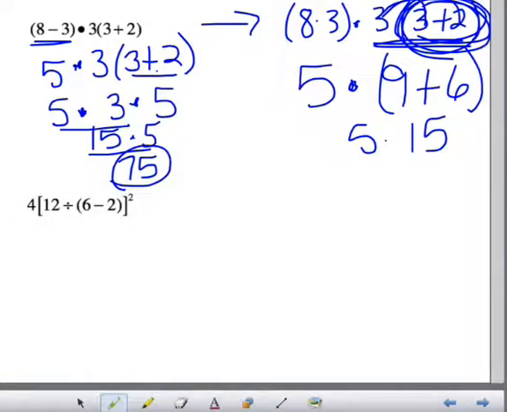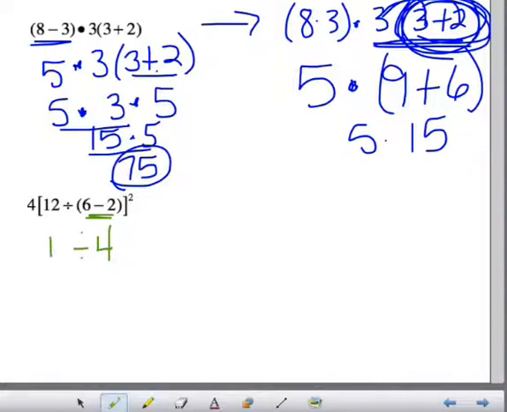All right, on this one, I've got a lot going on here. All right, if I follow my order of operations, parentheses, wow, I have brackets and I have parentheses. What do I do when I have more than one set of parentheses? You're going to go to the ones that are most inside first. So most inside, I've got 6 minus 2. And 6 minus 2 is 4.